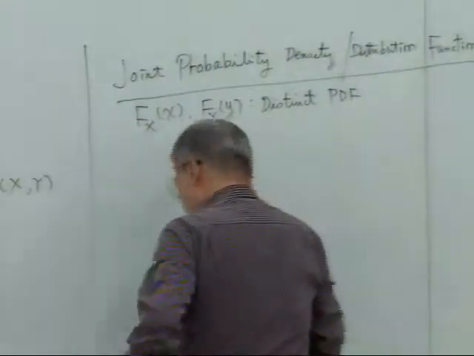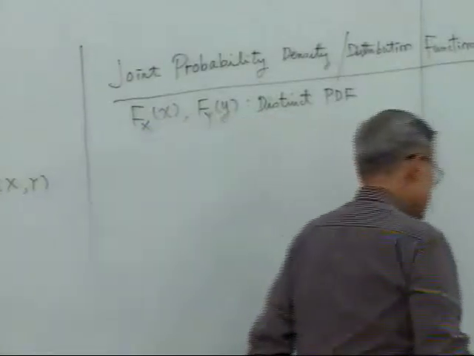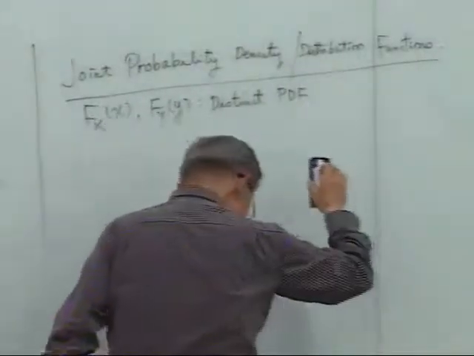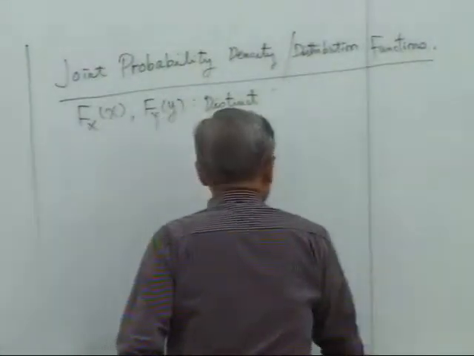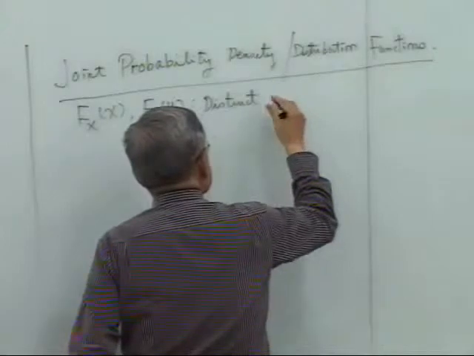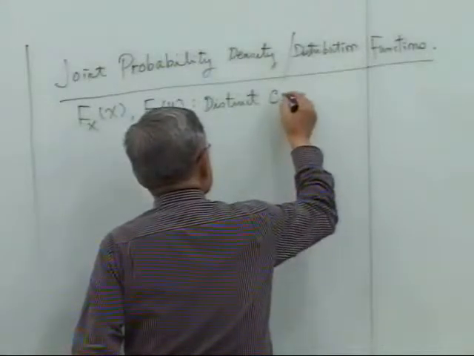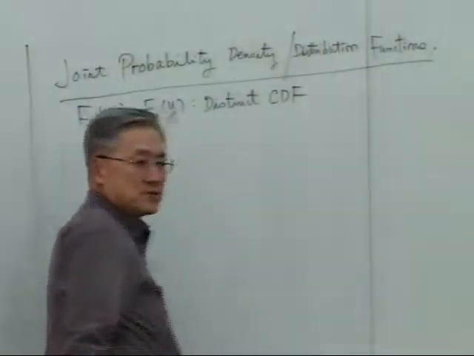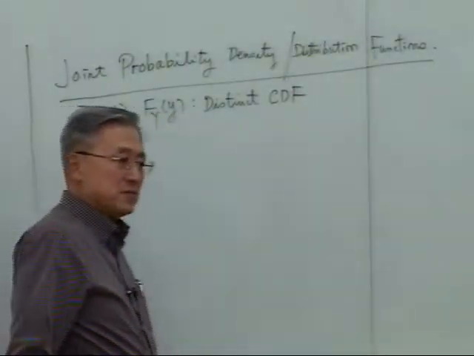Don't get confused by distribution functions. A better way to say it is cumulative distribution function, to avoid any confusion.